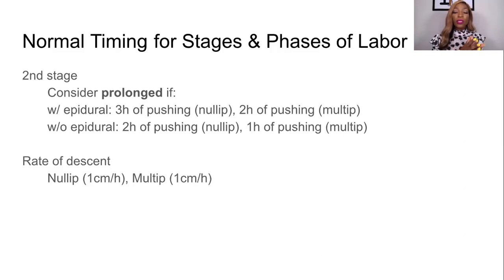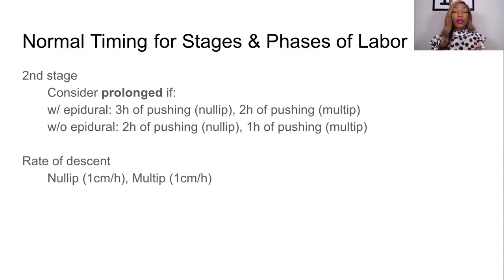It wouldn't be just nullip and multip. It now will include whether or not the woman has an epidural. So epidurals, we give the woman an extra hour because it prolongs pushing. And that has been shown in the literature.